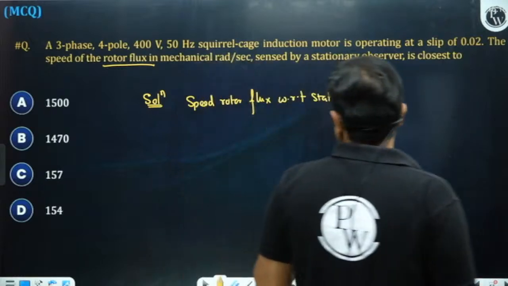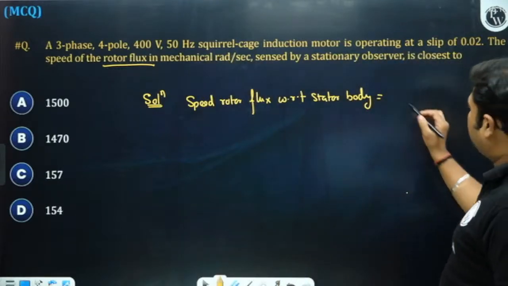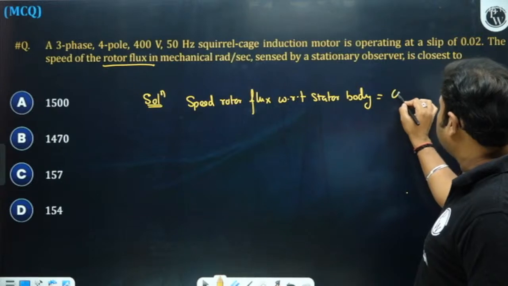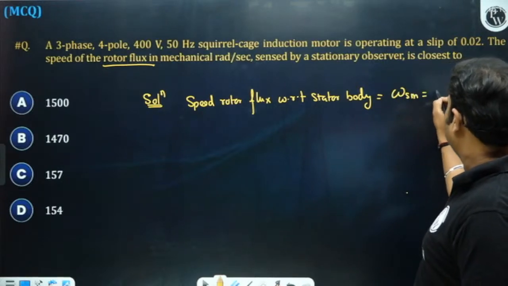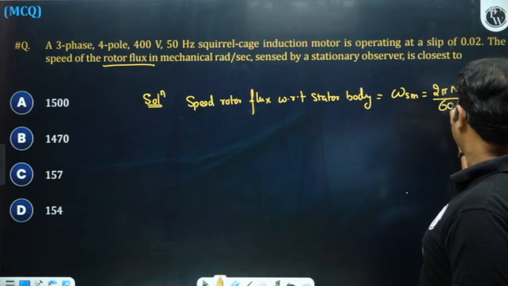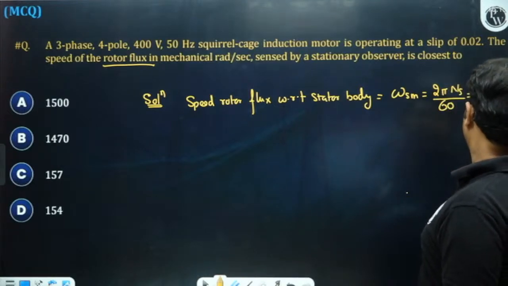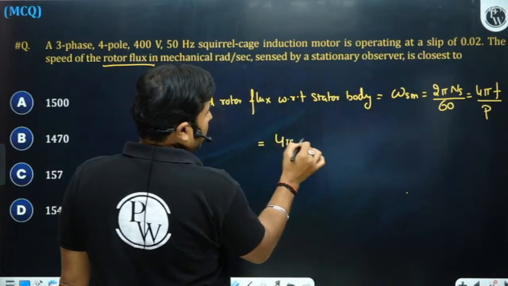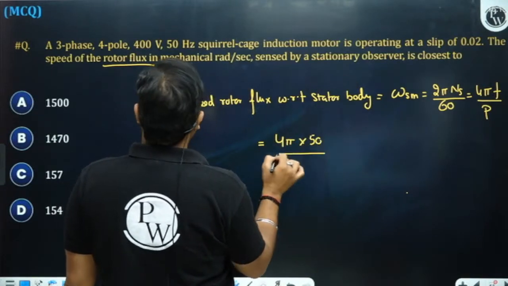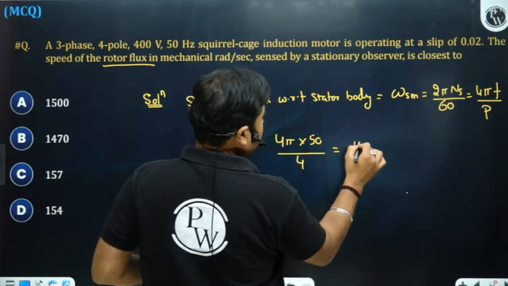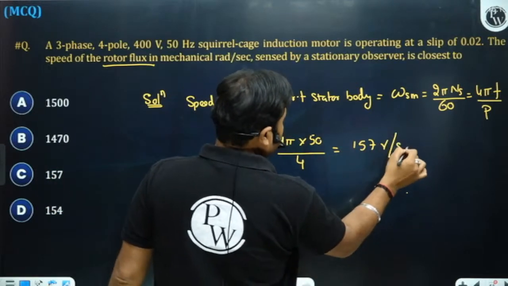So speed of rotor flux with respect to stator body is Ns only. Ns only in terms of radian per second, omega sm only. That is 2 pi Ns by 60, 4 pi f by P. So f is 50 hertz and number of poles are 4. So 50 pi is 157 radian per second.